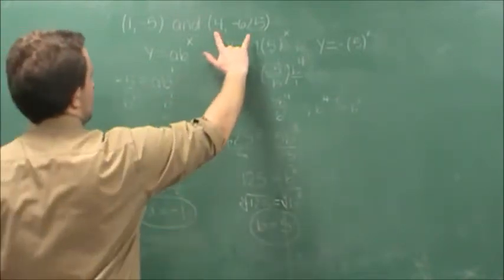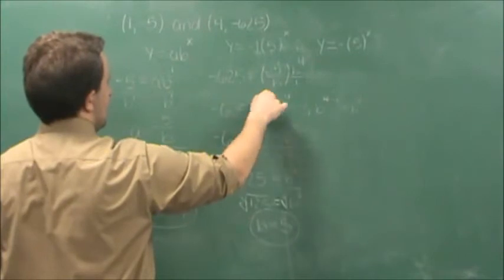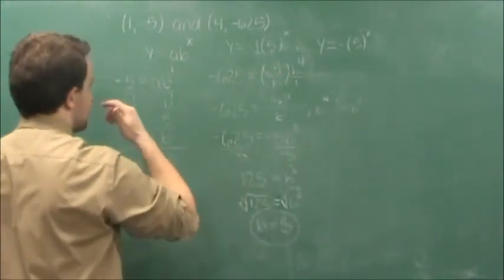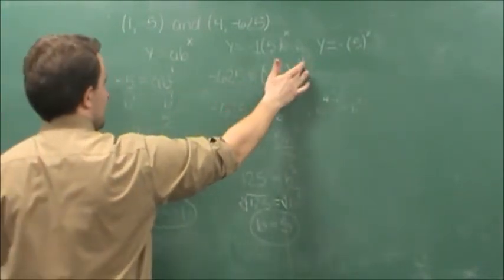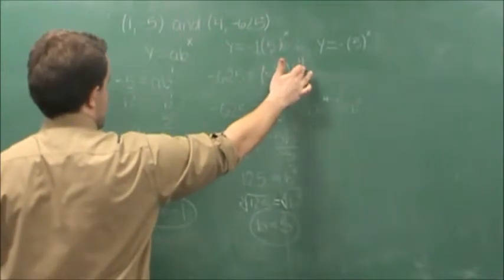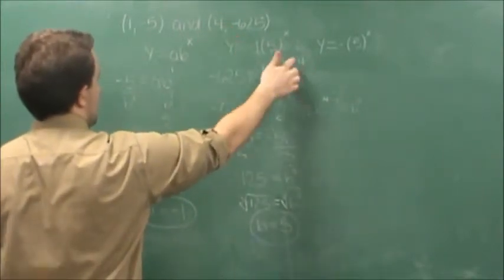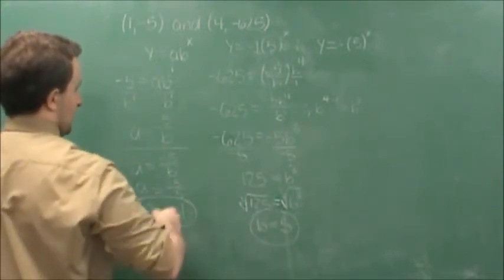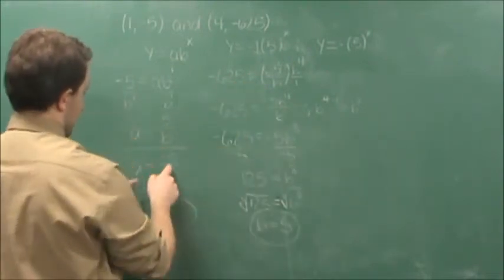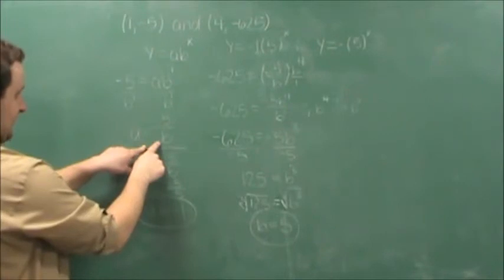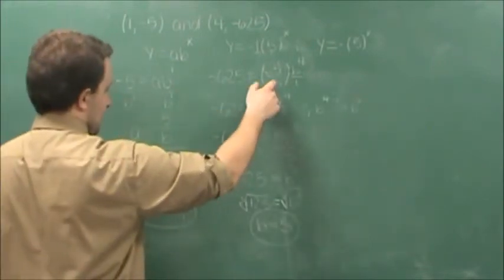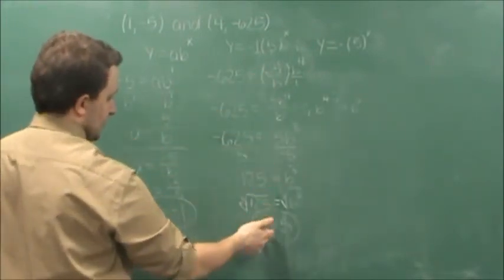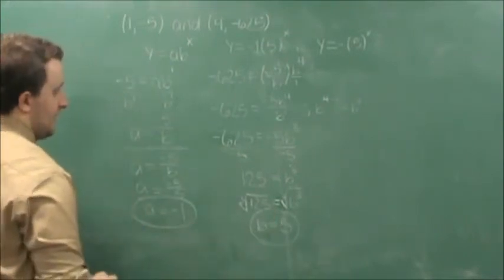Then using the other point, (4, -625), everywhere we saw an x, we plugged in a 4. Wherever we saw a y, we plugged in a negative 625. And wherever we saw an a, we plugged in negative 5 over b. And then just by doing some algebra, we were able to find b is equal to 5.